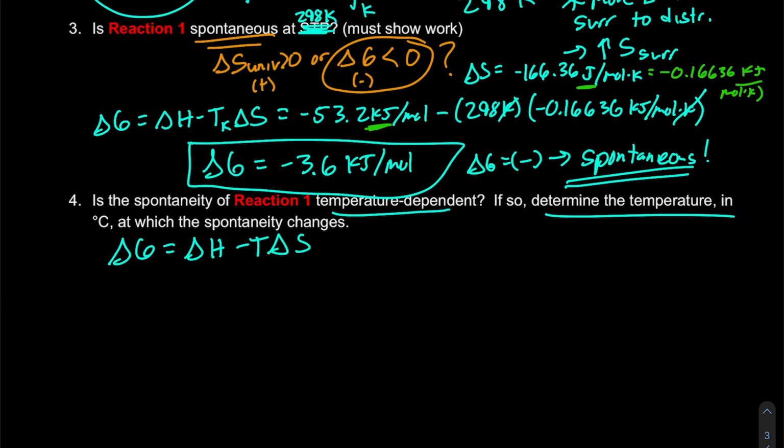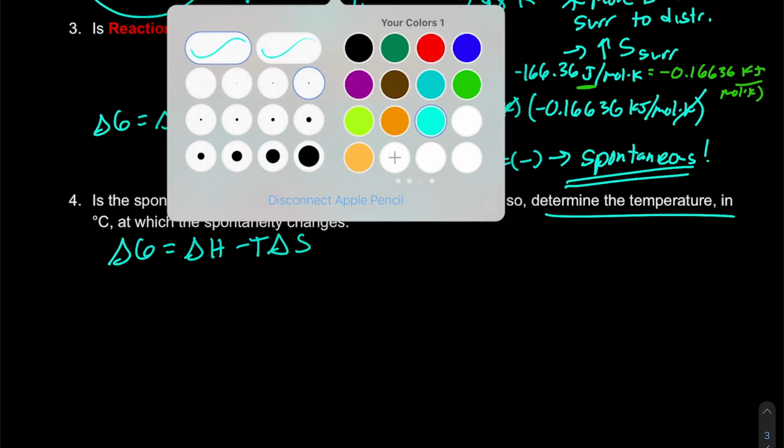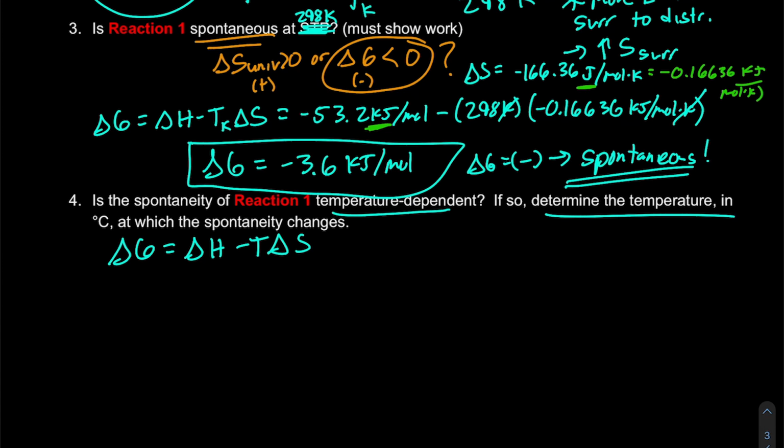Let's just do a little bit of qualitative analysis here, looking at the numbers that we have. So we have a negative delta H, we have a negative delta S, and our temperature is always positive because it's a Kelvin temperature. We cannot have a negative Kelvin temperature.